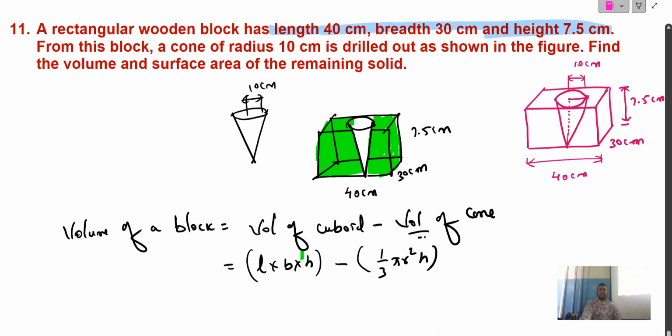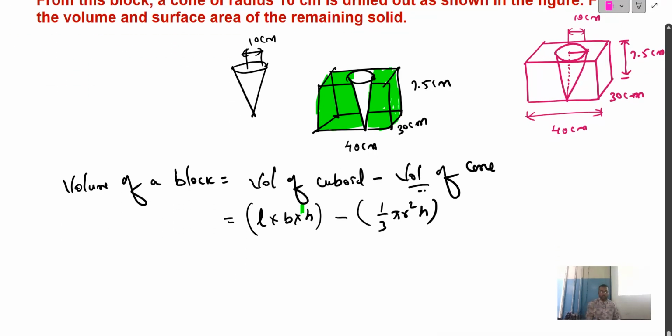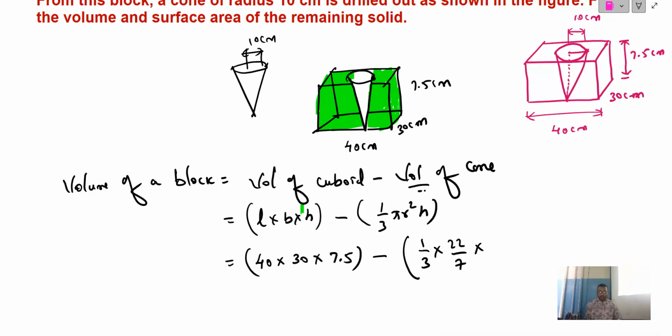Understood? Concept is clear? Now multiply 40 into 30 into 7.5. 9,000. Exact? Yes. 9,000 minus.